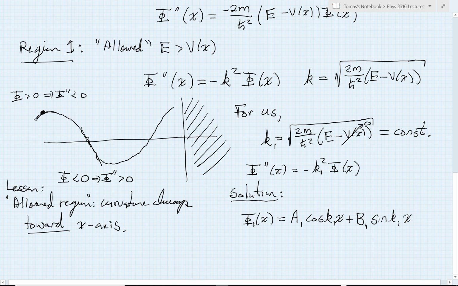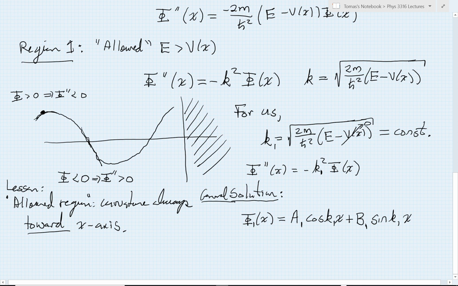This then will give me an even more general type of solution, and in fact this is the most general type of solution. Because I have a second order differential equation, there would only be two free parameters in the general solution. So this is the general solution, and I've got those two parameters.